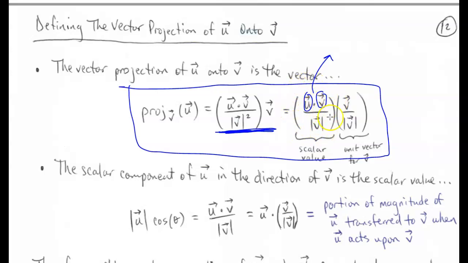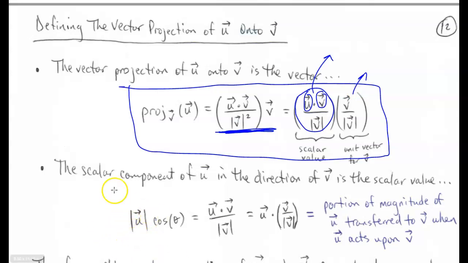So that's what this particular calculation actually is here. And so you're saying, all right, here's how much that new magnitude would be, and here's the direction in which that magnitude will go. And so that's really what the projection is broken up into, okay?